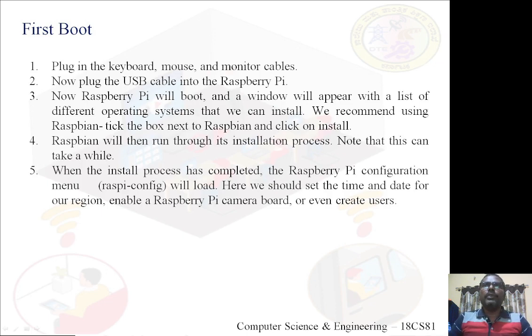Now listen, this is about installation, right? So at present, what is there in the SD card? All the extracted files from the NOOBS folder are in the SD card.